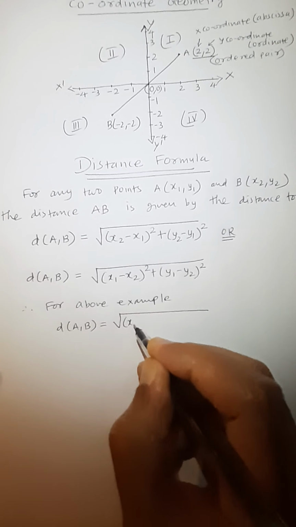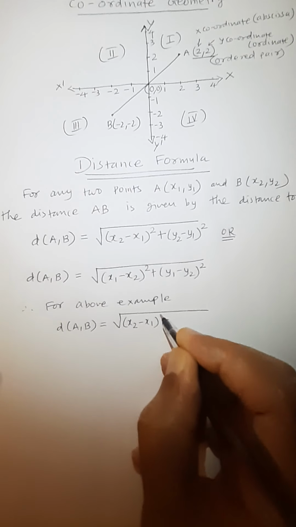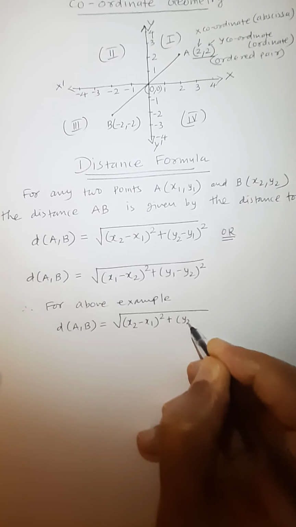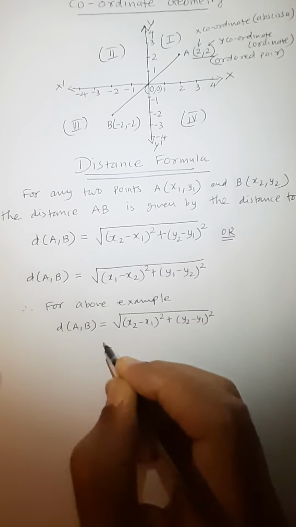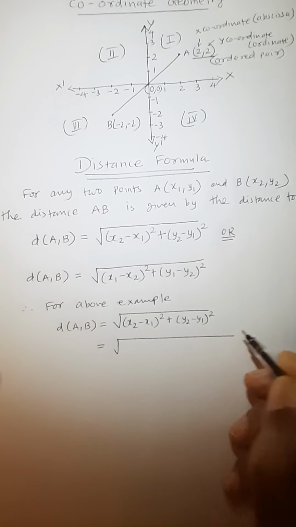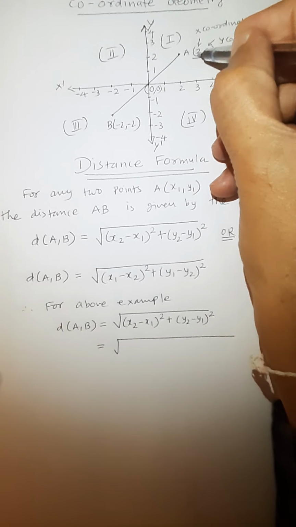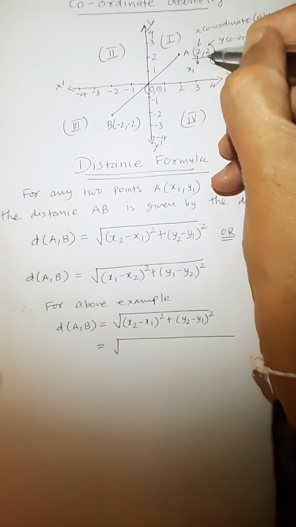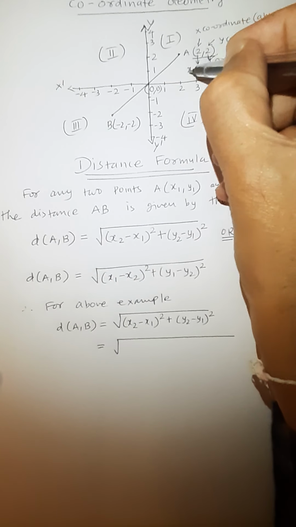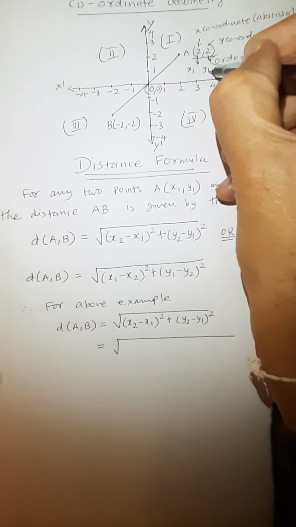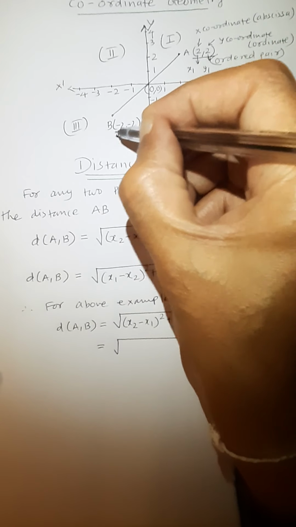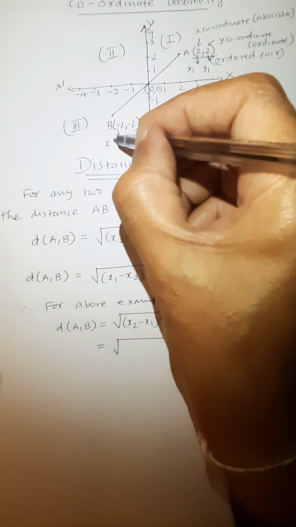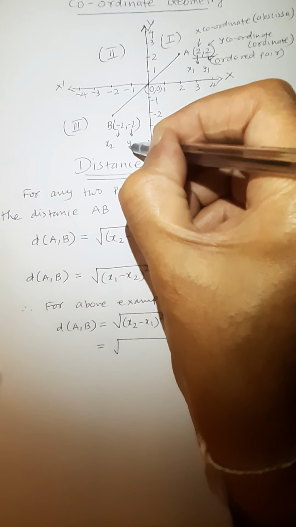Under square root x2 minus x1 the whole square plus y2 minus y1 the whole square. So let us name this abscissa as x1 and ordinate as y1, and let us name this abscissa as x2 and this ordinate as y2.